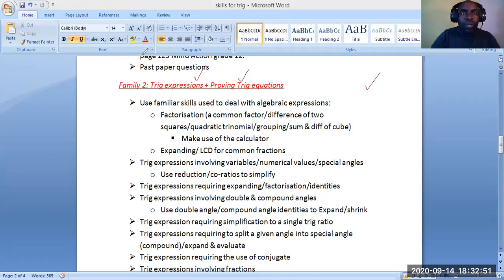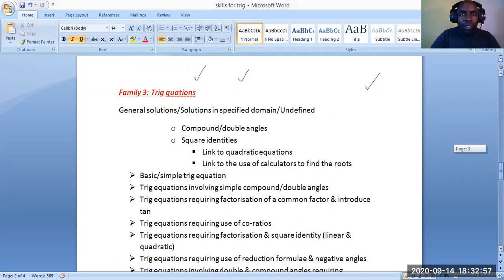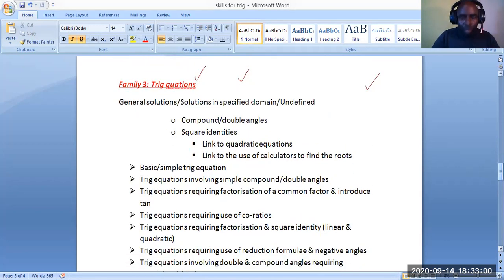The third one deals with trig equations, where you speak about the general solution, or once you are given the domain, you come up with a specified solution in the given domain, or questions dealing with the undefined.